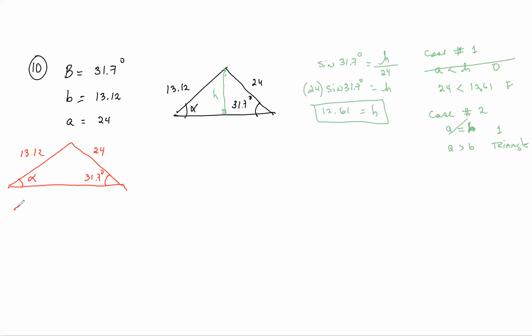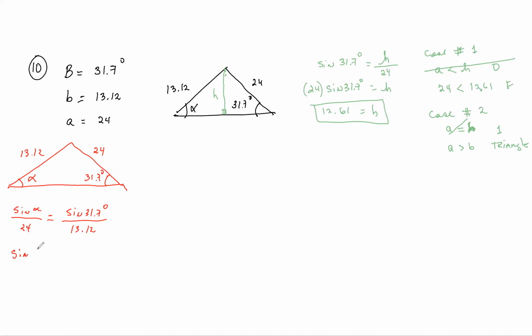Now we say sine of alpha over the opposite 24 equals sine of 31.7 degrees over 13.12.